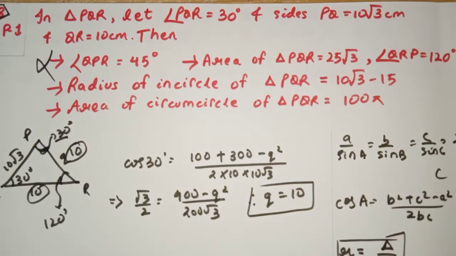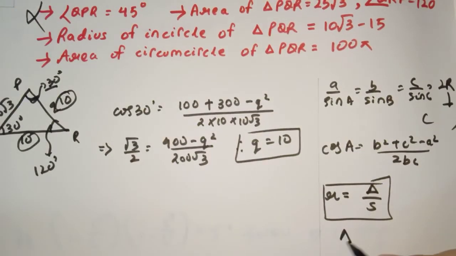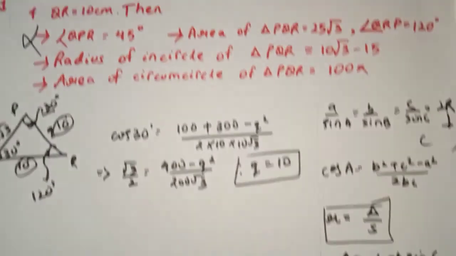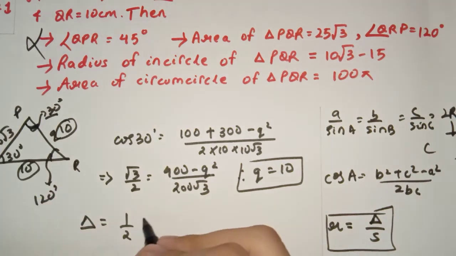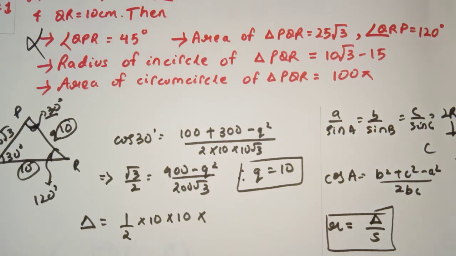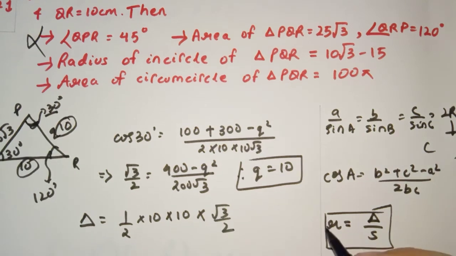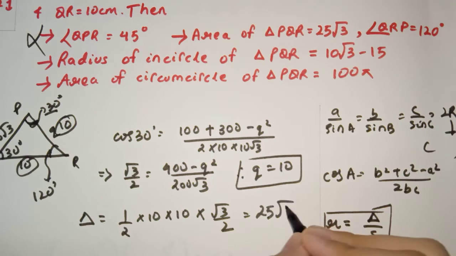The most preferable formula in this case is area is equal to half ab sin C. So area is equal to half into a 10 into b 10 into sin C. Sin C is 60, sin 60 is root 3 by 2. So calculating this one, we get 100 by 4, 25 root 3. 25 root 3, our area.